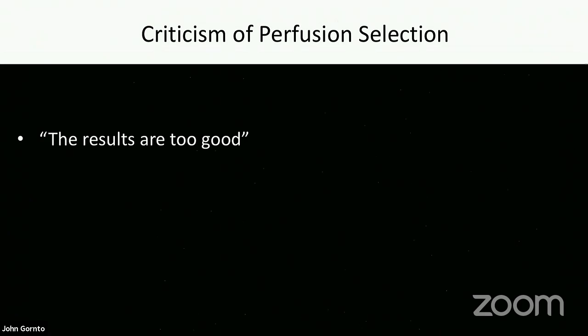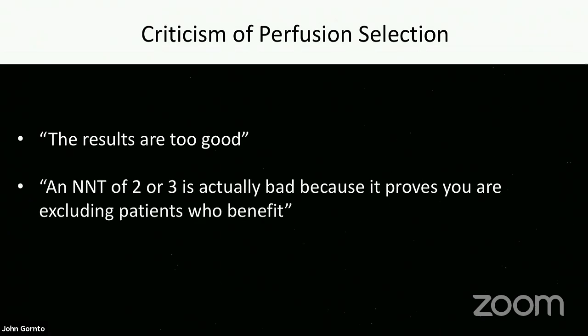You just cannot win around here. Specifically, people are focused on the NNT from DAWN and DEFUSE 3, saying an NNT of 2 or 3 is bad because it proves you're excluding a lot of patients who could benefit. So we're going to talk about what the NNT should be.